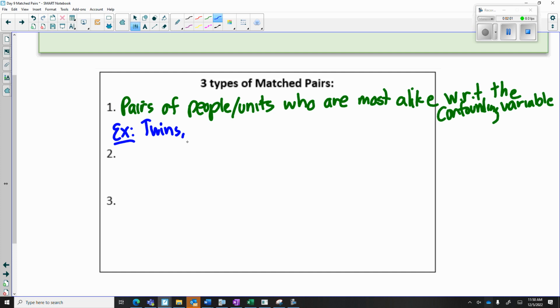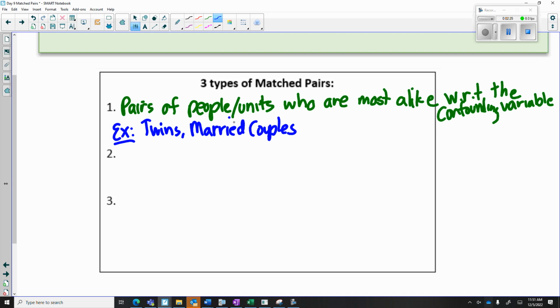But not everyone has a twin, right? They've also referred to married couples. Married couples are not always the same within the couple, but if there's something that we're measuring that they have alike, we compare them like that. And what else have we seen? That's about it, really. And then just pairs of people who are most alike with whatever the confounding variable.